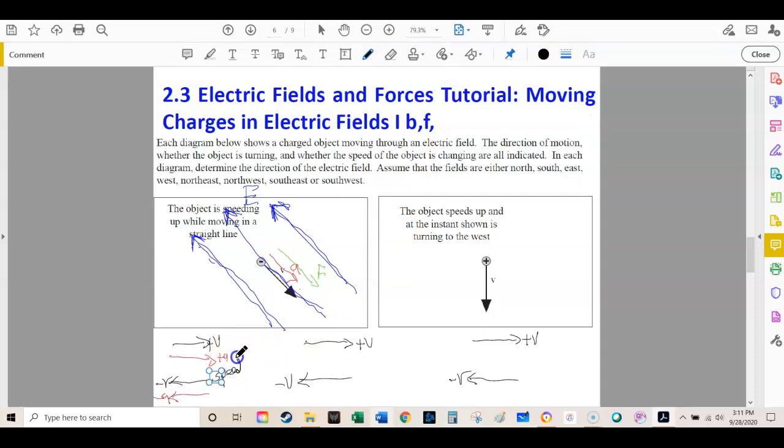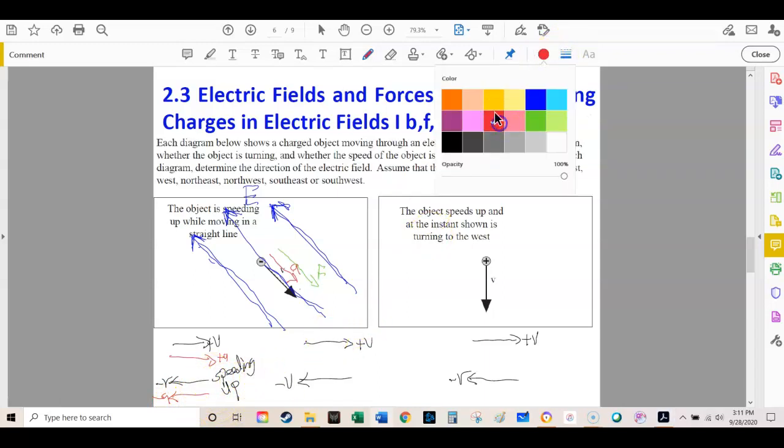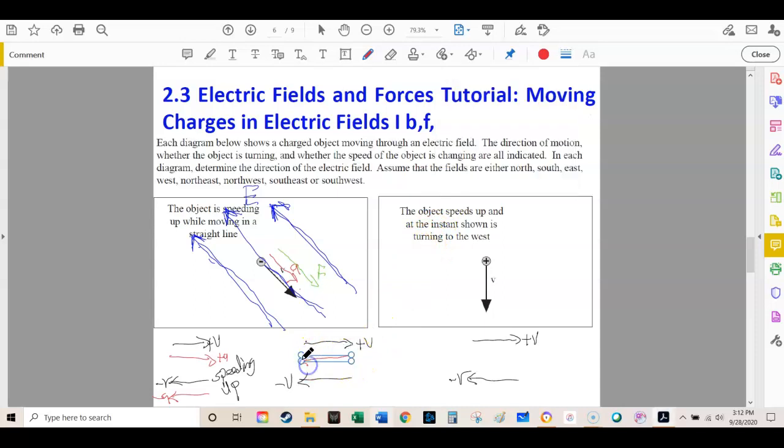Speeding up. So if you have a positive velocity vector and a positive acceleration vector, that is speeding up. If you have a negative velocity vector and negative acceleration vector, that is also speeding up in a straight line. If you have an acceleration vector opposite the direction of your velocity vector, that is called slowing down.